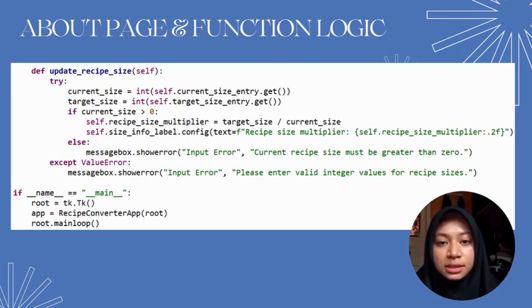If the current size is greater than 0, then the system calculates the multiplier using the formula target divided by the current size. This multiplier is then used to scale ingredient quantity accordingly. Next, to update the user interface, the new multiplier is displayed in a label, which is self.size_info_label, to ensure users can see the adjustment immediately.